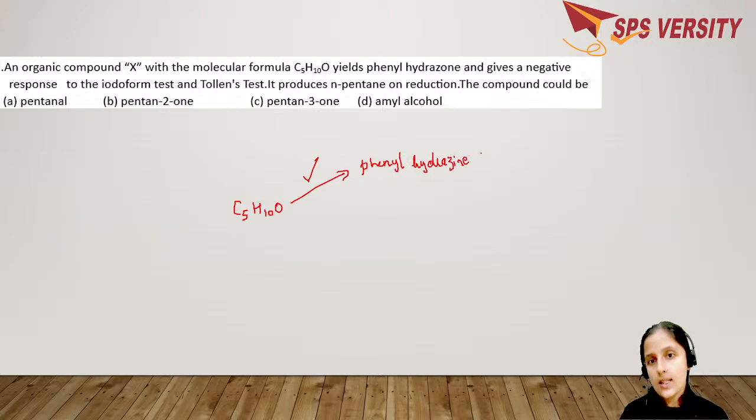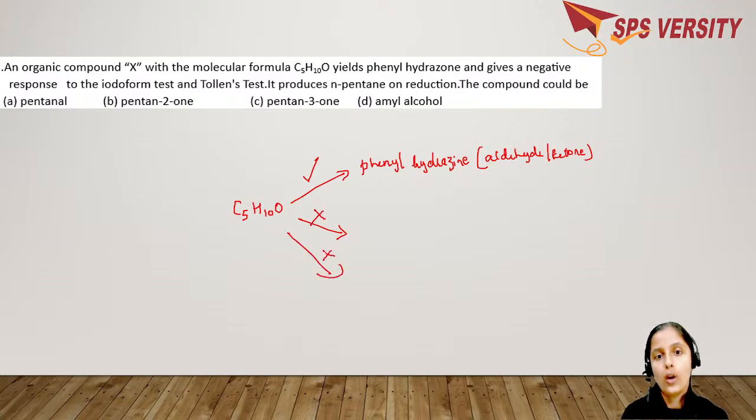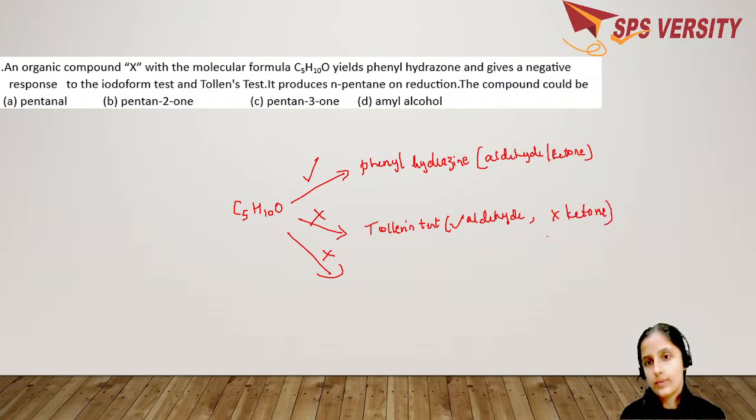The one which can answer the phenylhydrazine test is an aldehyde or ketone. Now it gives a negative response for the Tollens test. The Tollens test is answered by only aldehyde, and Tollens reagent cannot oxidize the ketone.